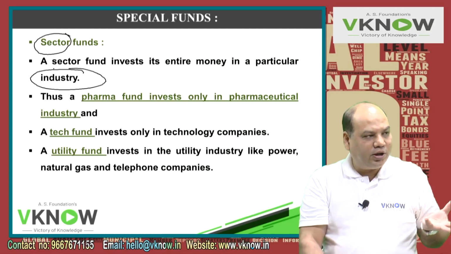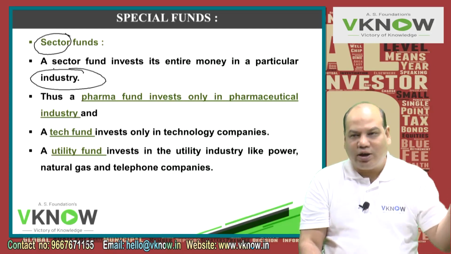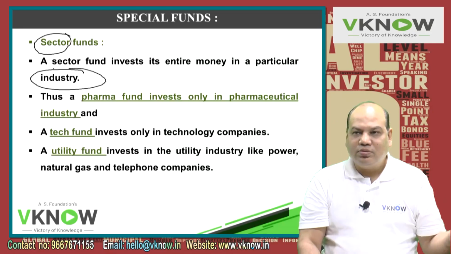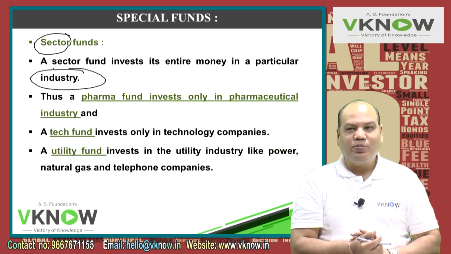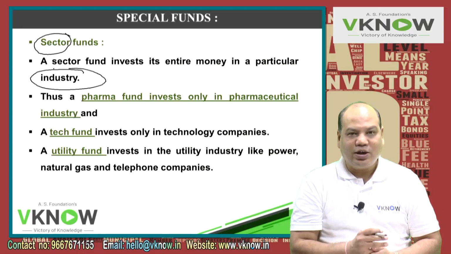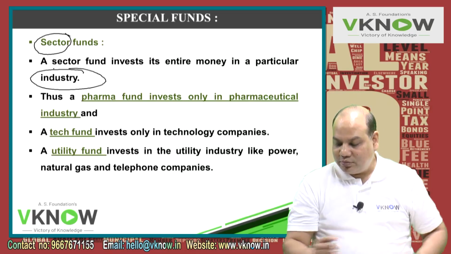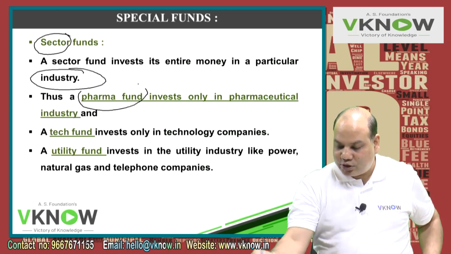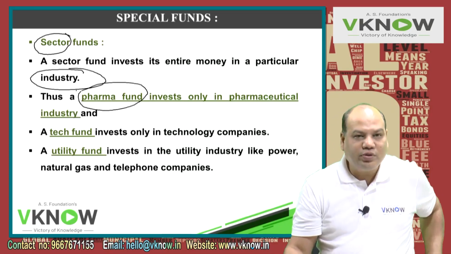You are thinking that because now there is so much disease, pandemic, virus, pharmaceutical companies will make a lot of money because people are going to buy drugs, vaccine, sanitizer, injections, tablets, etc. They will go to hospital. So in the next few years we believe pharma companies will make huge profit. So you can invest in pharma funds.